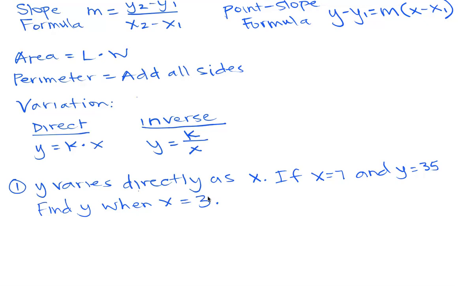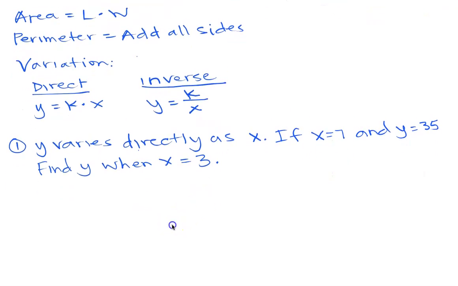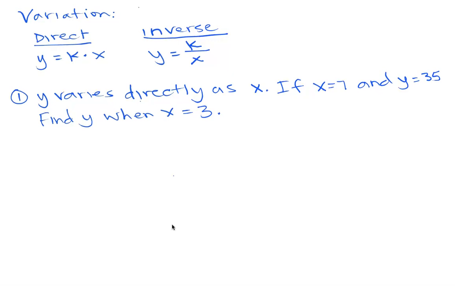Okay, so starting off, which one of those two variation formulas do we want to use, and why? You'll do the direct, because it says it varies directly. So we want y equals k times x, and we just put in what they gave us.